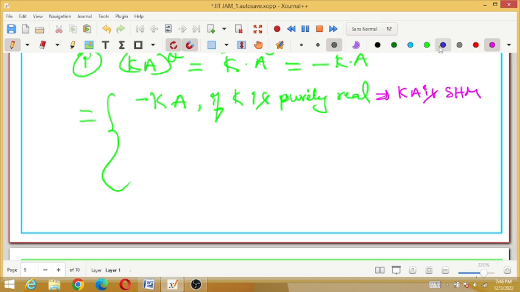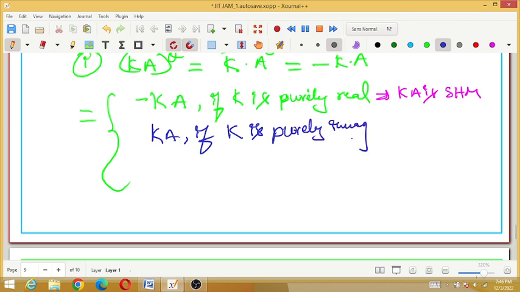Next, if this value becomes KA, means if K is purely imaginary, then this KA is what?